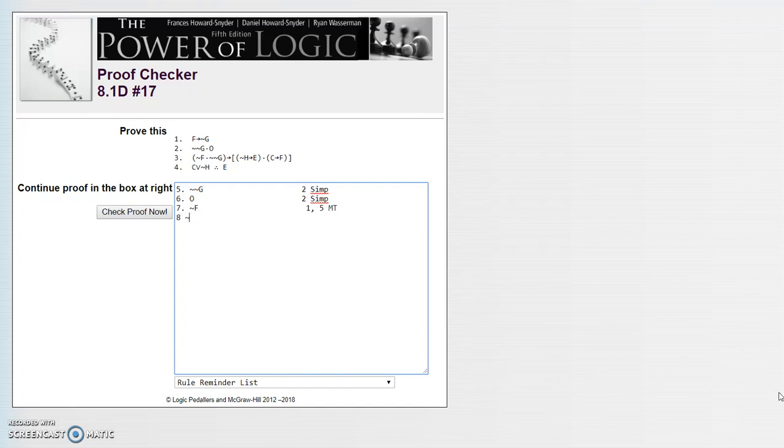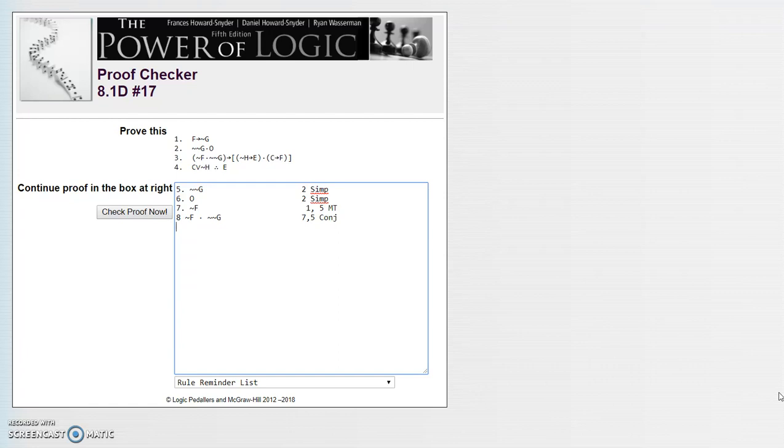Let's say not F and not G, and we'll get that just by the conjunction rule from number 7 and 5. Now we have the antecedent to that conditional in line 3.